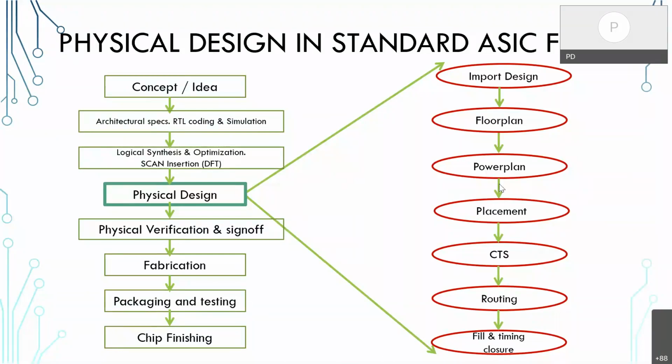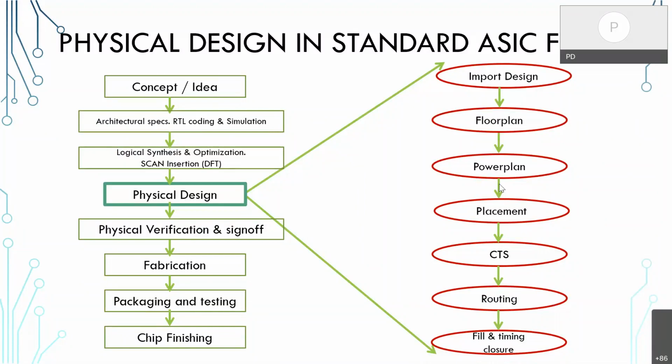So we'll be doing a physical verification, and then we'll do the sign off. The output will be a graphical data stream, which we provide to the fab. Then they'll do the fabrication, then packaging, testing, and the final chip.